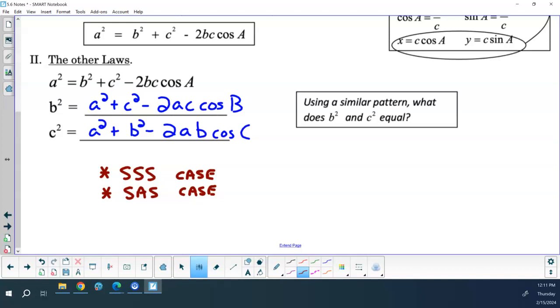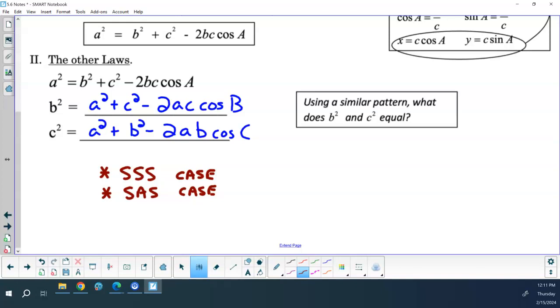Now, if you are thinking along the same lines as Schmeling, he says use the law of cosines 3 times in one particular problem. If you think along the lines of Mrs. Hill and I, you only have to use the law of cosines once, and then you can use the law of sines after that, because if you use the law of cosines once, you now have that complete fraction in the law of sines.